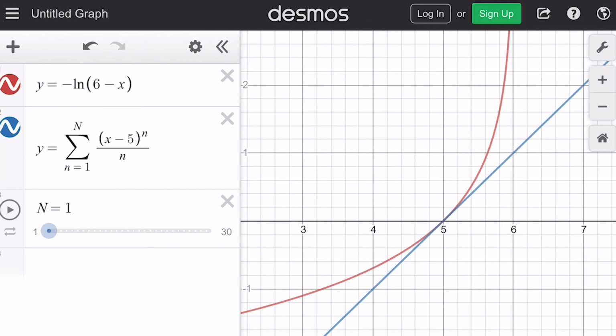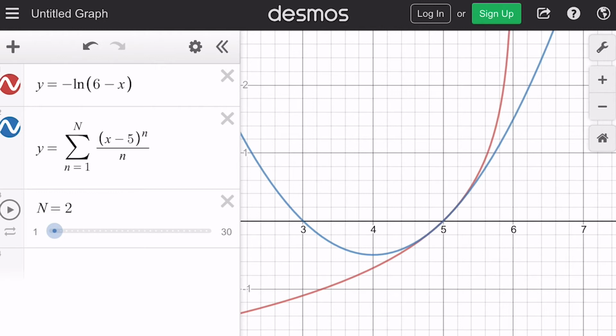Again, we have capital N set equal to 1, so this is literally just the first term of this series, which you can see gives the linear approximation of the function right at 5. As we change n from 1 to 2, we now have a quadratic approximation, and again, contact is made with the original function right at 5.